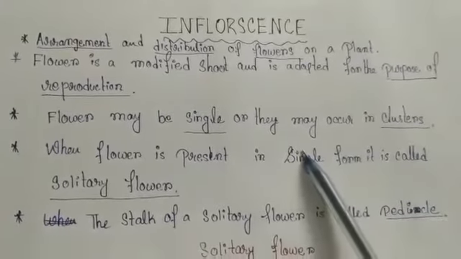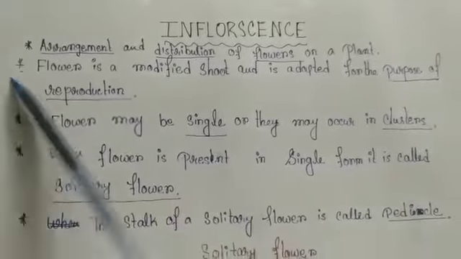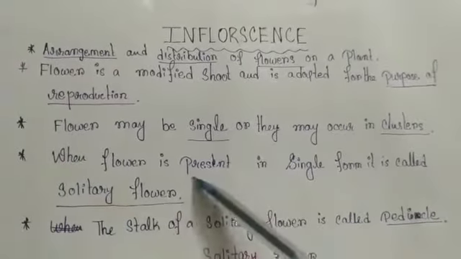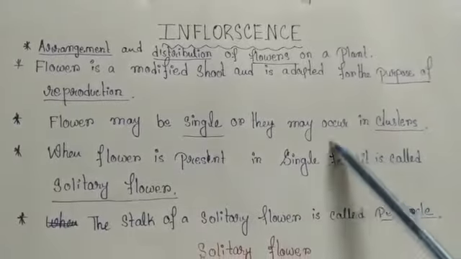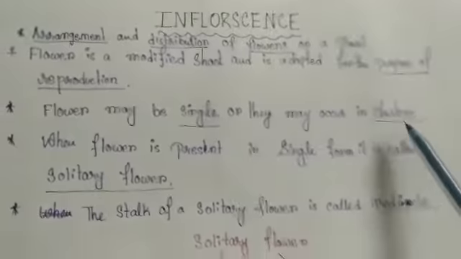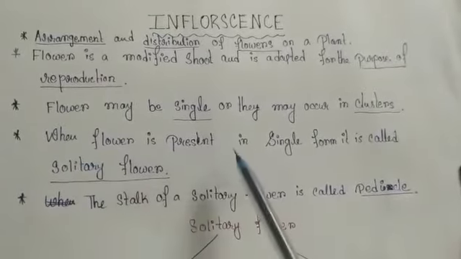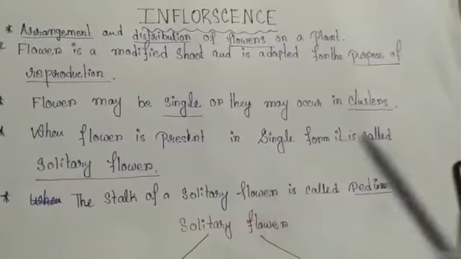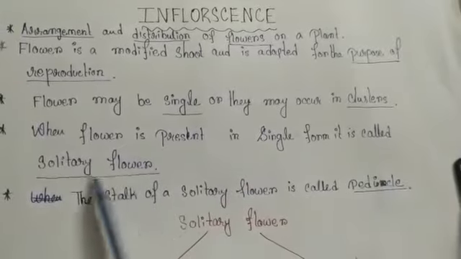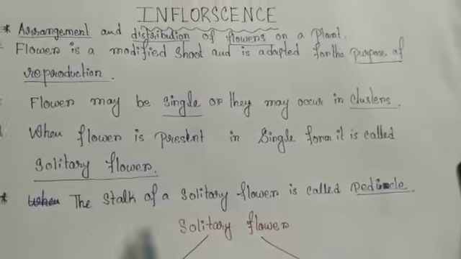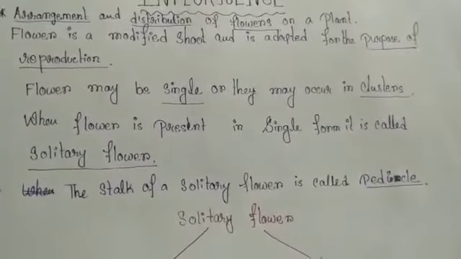That means sometimes only one flower is present on a plant, or sometimes flowers are present in a cluster or in groups. When a flower is present in single form, this type of flower is called a solitary flower, and the stalk of a solitary flower is called the pedicel.